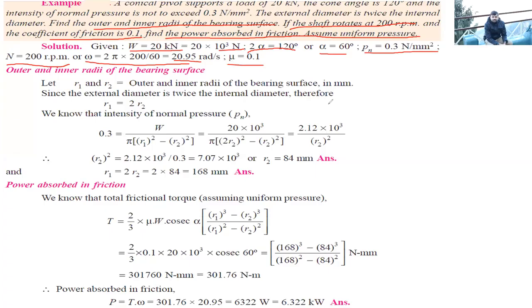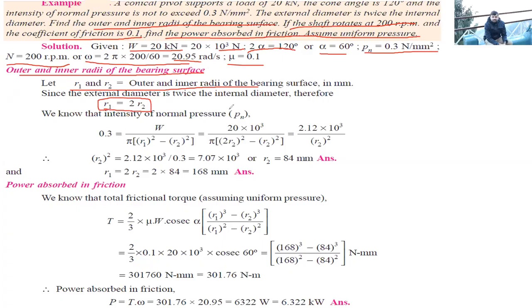And mu is equal to 0.1. Now we first calculate the inner and outer radius of the bearing surface. Let R1 and R2 be the outer and inner radius respectively, and R1 is equal to 2 times R2, right?